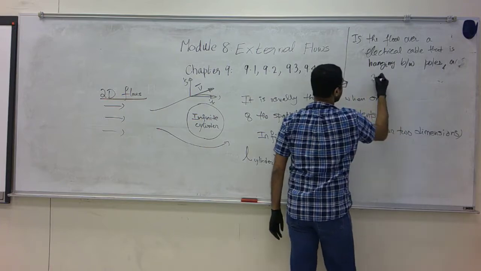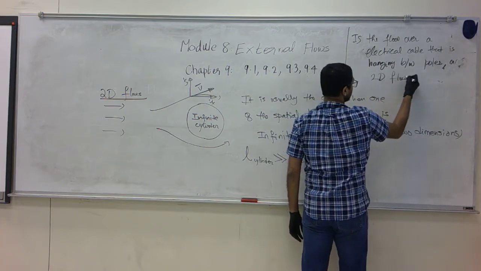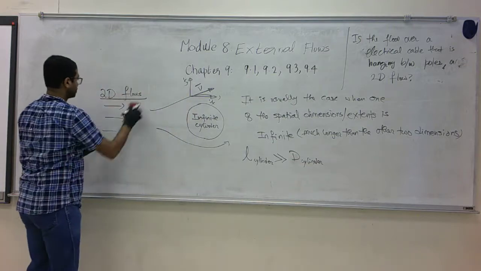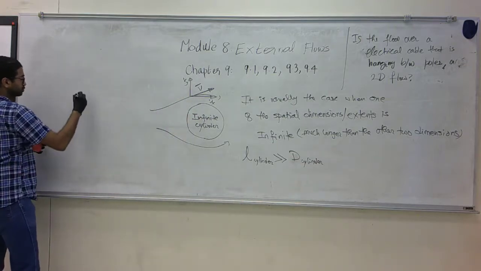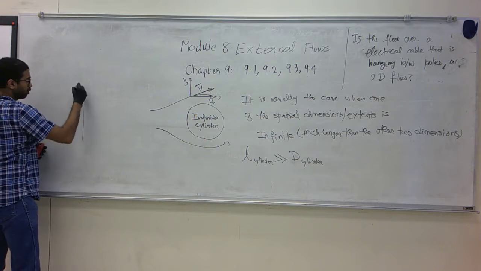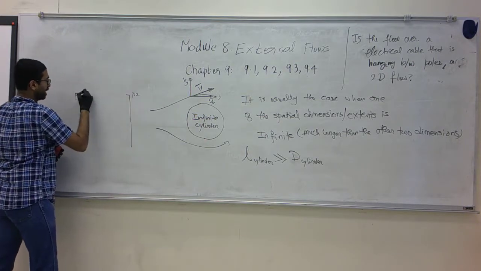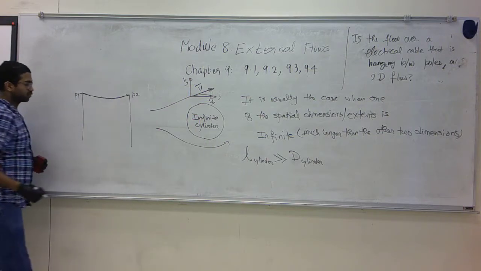Can I call it a 2D flow? That's the question. Is it a 2D flow? That is, if I draw a picture, here is pole 1, here is pole 2, and I have a wire that's hanging between these two.